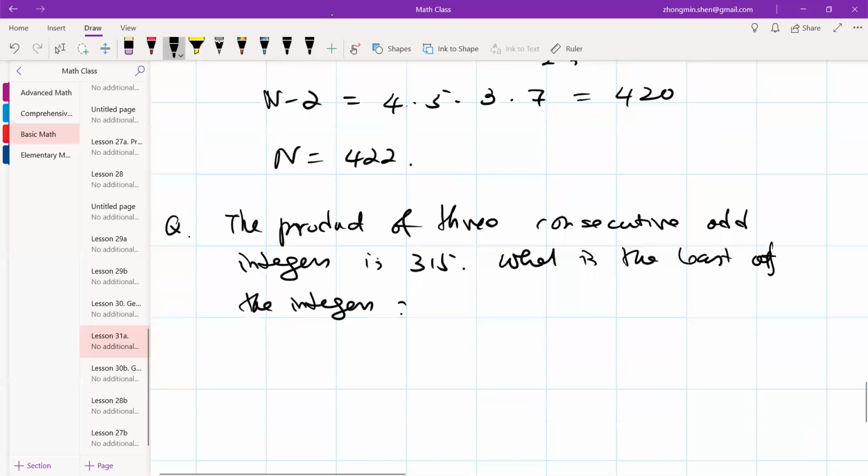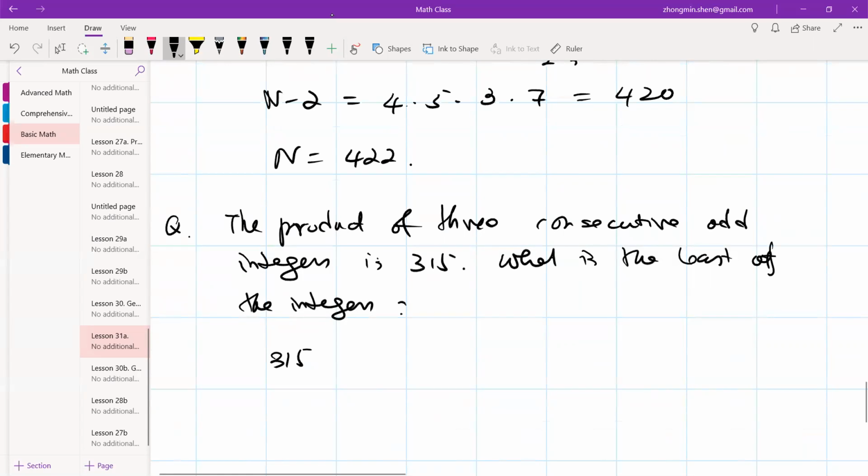So the product of the 3 consecutive odd numbers, now how do you express them? The way we do it is we do the opposite way. We factor 315.